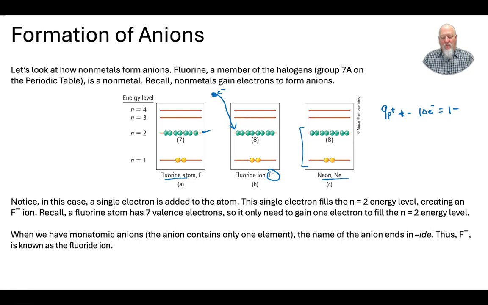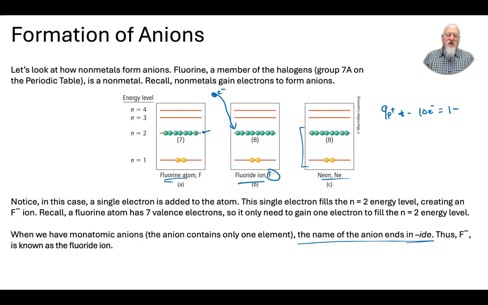So when we name anions, when we name monatomic anions, we're going to end them in -ide. So Cl minus, chlorine with a negative charge, the chlorine ion is going to be called the chloride ion. And you can see here, the fluorine atom, when it becomes an ion, is called the fluoride ion.